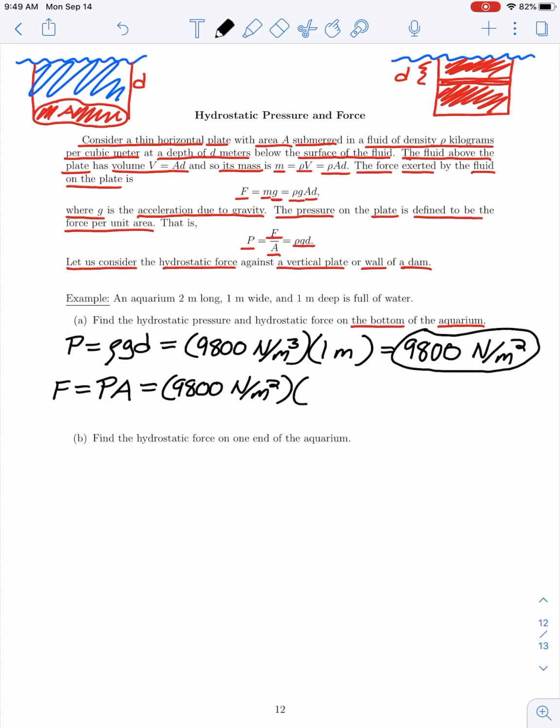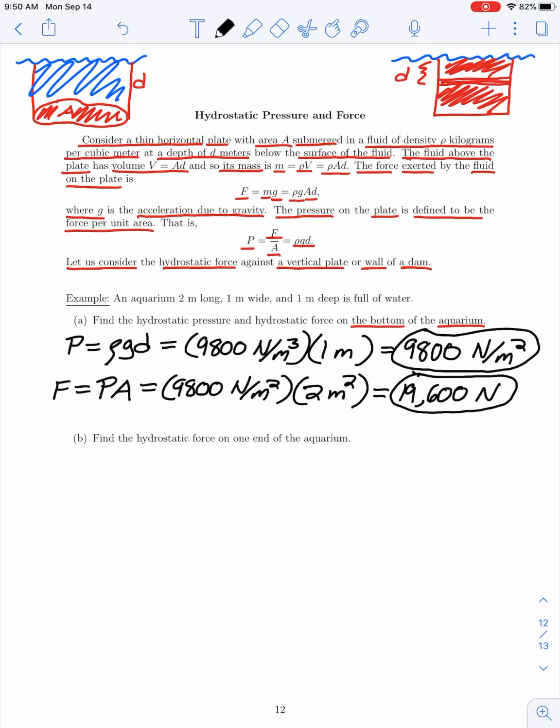And then we're multiplying by the area of the bottom of our tank. Now this aquarium was 2 meters long and 1 meter wide, so the area of its base would be 2 square meters. And so we have 2 times 9,800, which is 19,600 newtons for the force on the bottom of our tank here, which we can think of as a horizontally submerged plate.